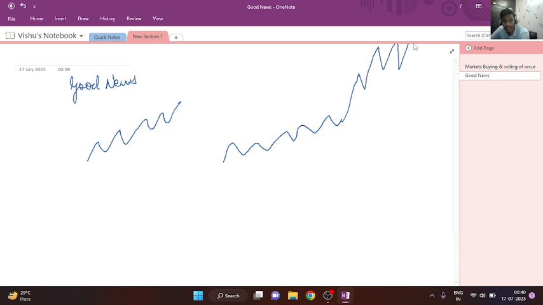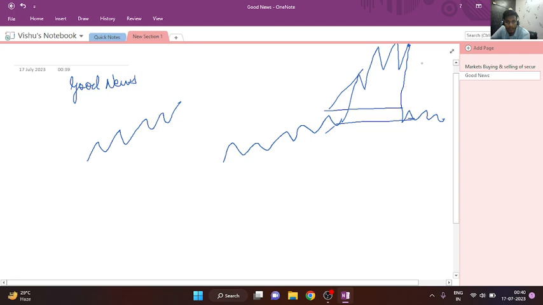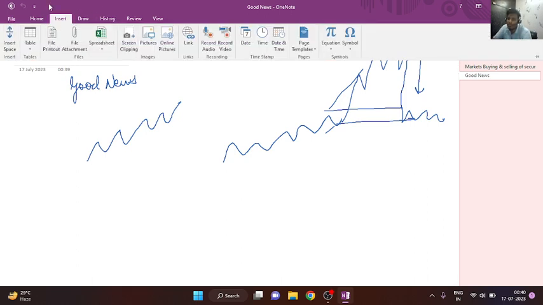As it is very high, people will predict that this share has already reached its maximum high. So people will start selling off their securities, and again it will come back to its same position. So the market discounts itself. The market goes back to the position it was in before. This is how it works.